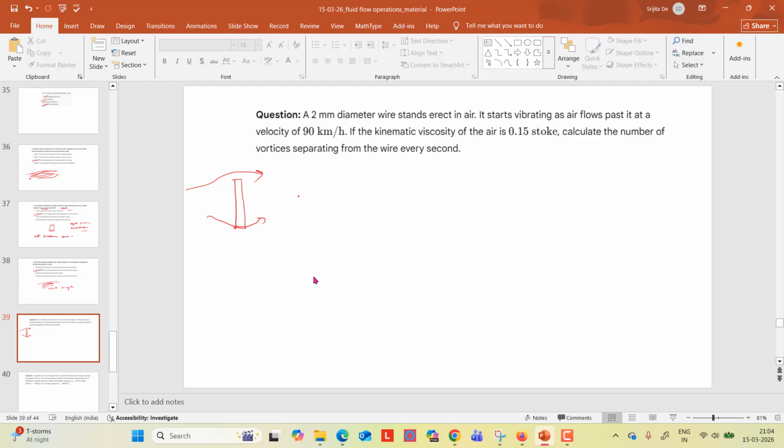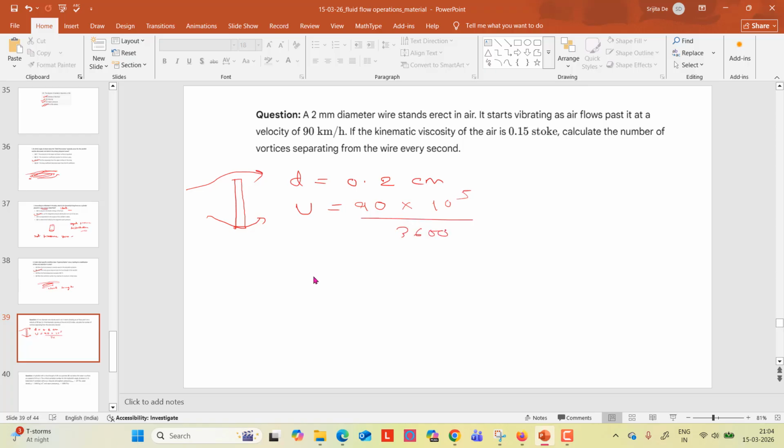So we'll do the problem in centimeter. D is given, V is given. So D is 0.2 centimeter. U is 90 kilometer per hour. That means 90 into 10 to the power 5 centimeter per hour, divided by 3600.